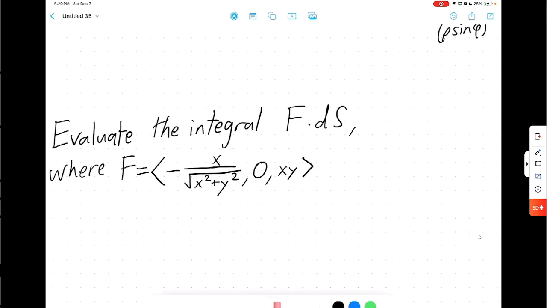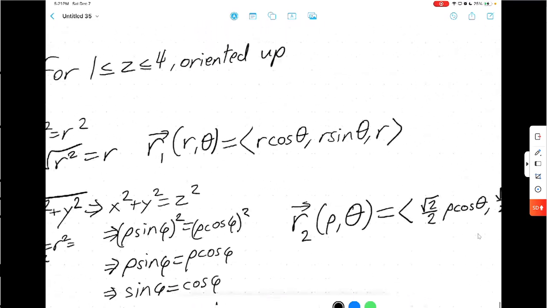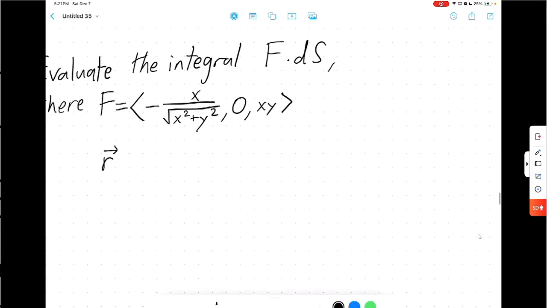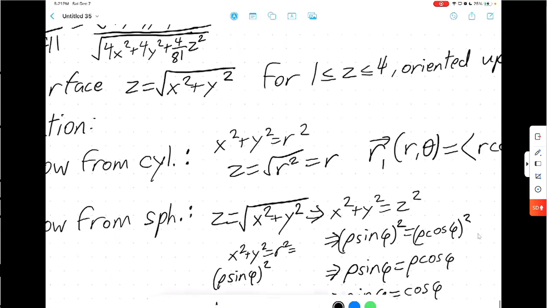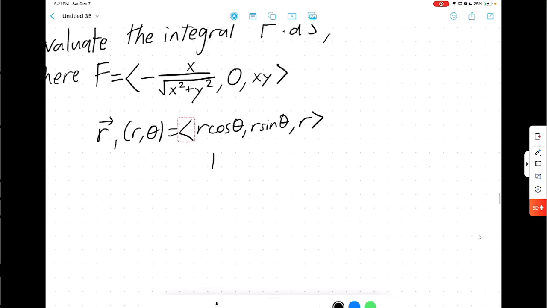Alright, so first I'm going to take the parameterization from the other surface, from cylindrical. r1 of r, theta is equal to r cosine theta, r sine theta, and r. Now because z is just equal to r, we're going to get r goes between 1 and 4.